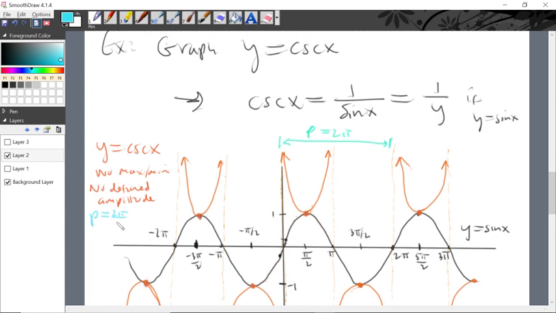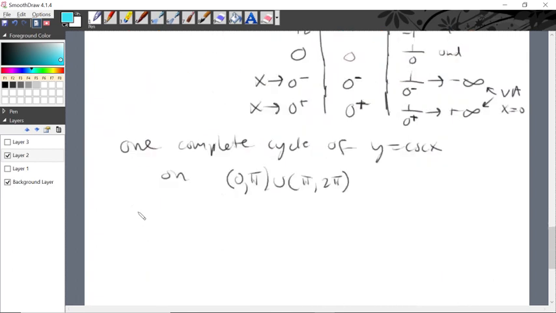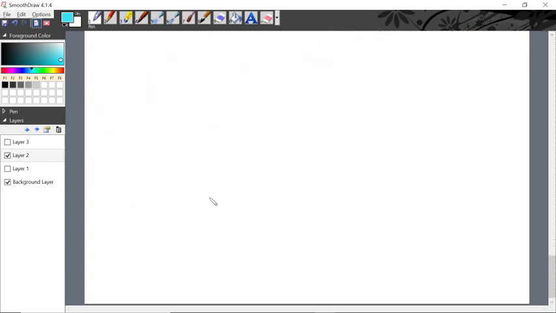In general, if you had a modulation factor of b, you divide 2 pi by the magnitude of b, and you would find the period of the modulated wave. There's our basic cosecant function graphed as a reciprocal of the sine function.